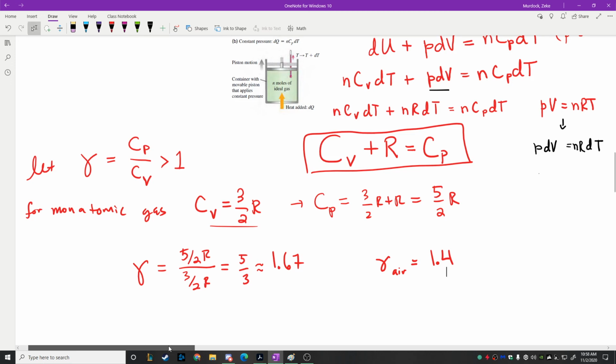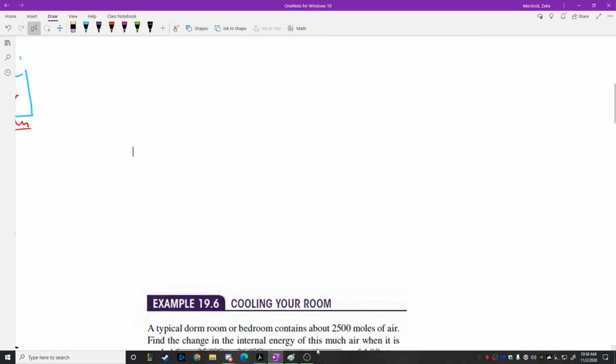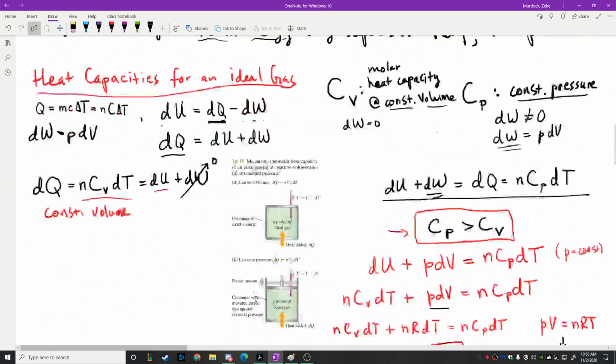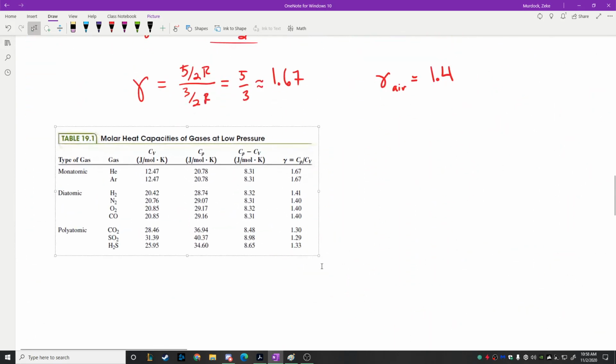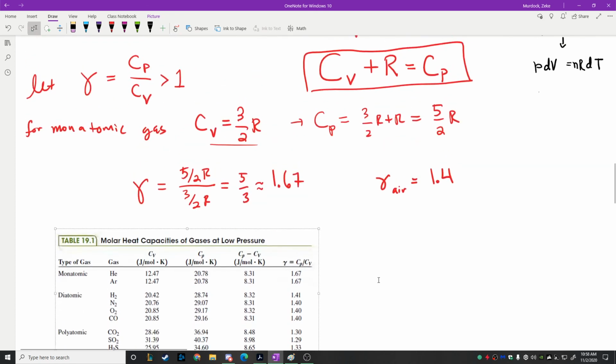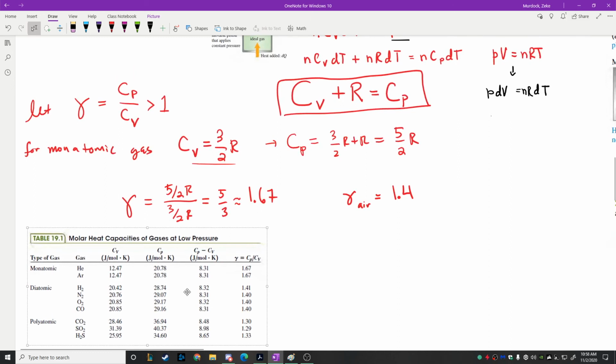And I believe I have a table. Okay. So this is molar heat capacities at low pressure. Let me zoom out a little bit. All right, let's see if any of this stuff is true.